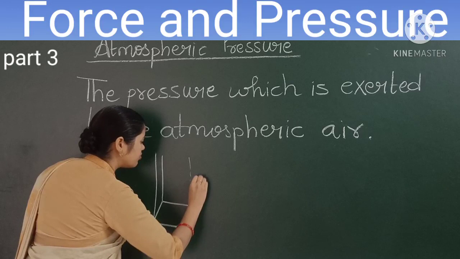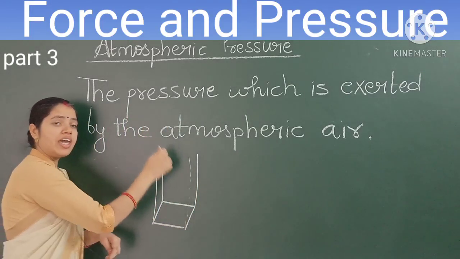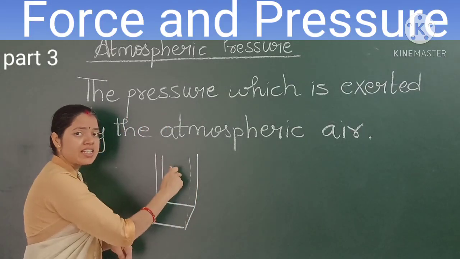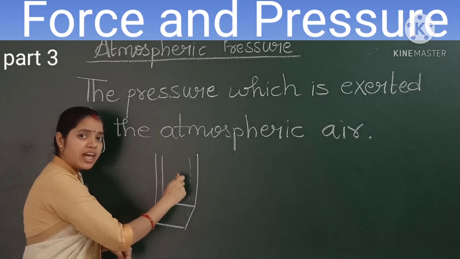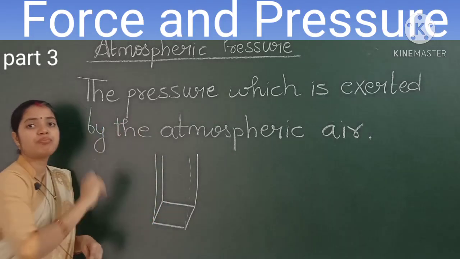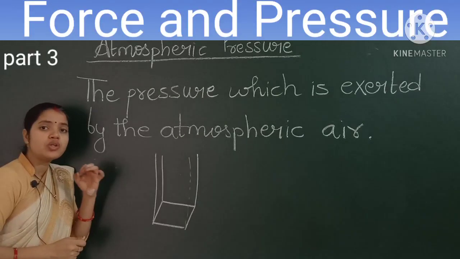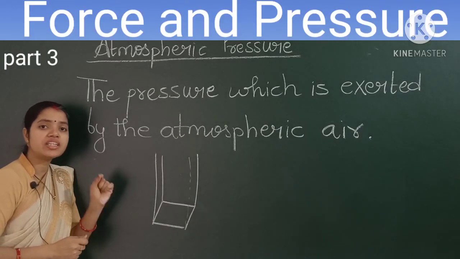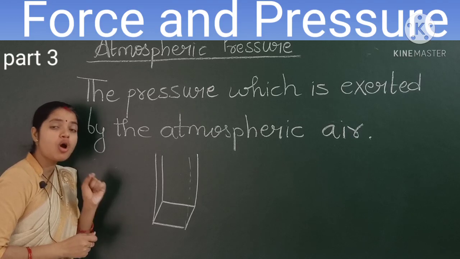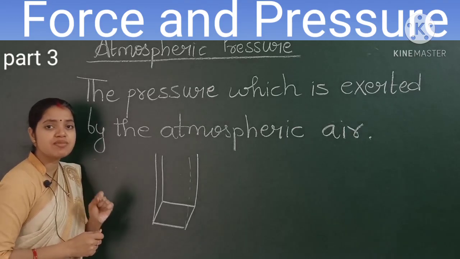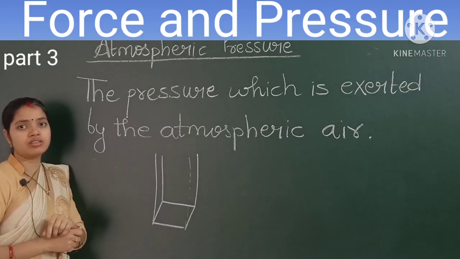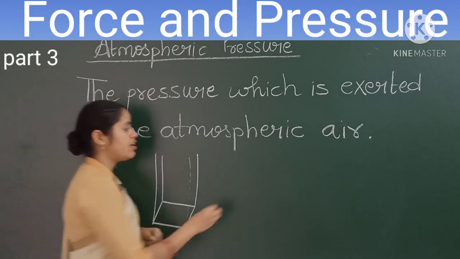Now, the weight of the air which is filled inside the cylinder is nothing but atmospheric pressure. Here I want to tell you that there is 1 kg of atmospheric pressure on 1 square centimeter of the surface of the earth.